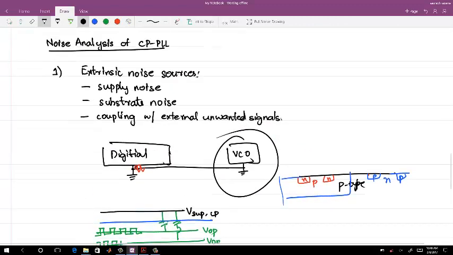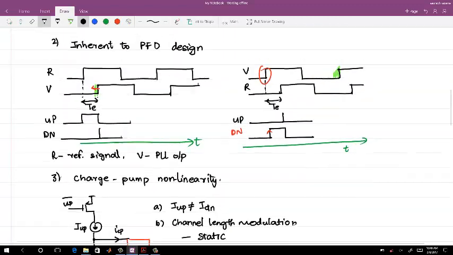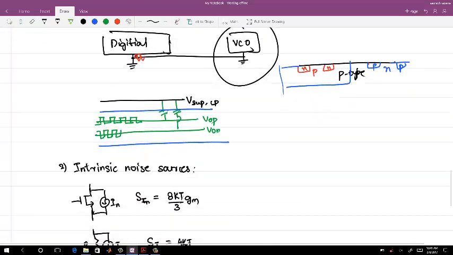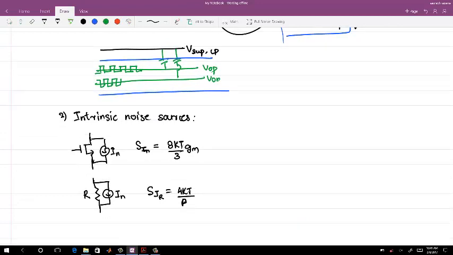Okay, so these two are the basic noise sources which will cause all the noise in the system. So how do we analyze the noise for the PLL? We know this is the basic element which will cause the noise, but we find the noise sources of each circuit block and then use those noise sources to find the total output noise.